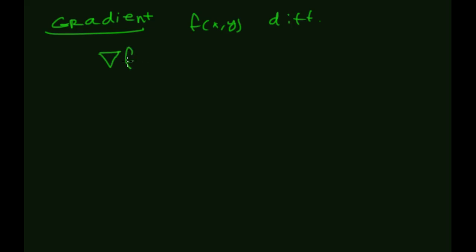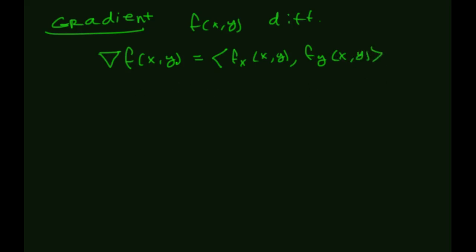Okay, so let's define the gradient here. The gradient is defined as, we've got to let f of x, y be differentiable. And if that's the case, then we get this function del f of x, y. It's going to be a vector where the first component is the x partial at that point, and the second component is the y partial at that point.